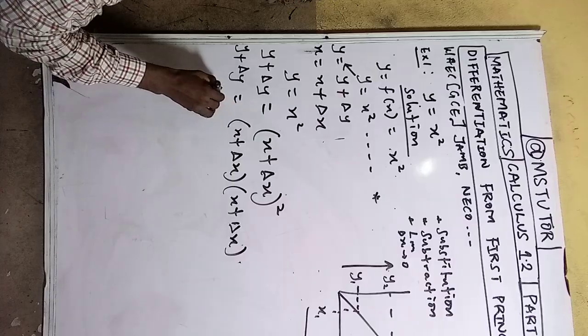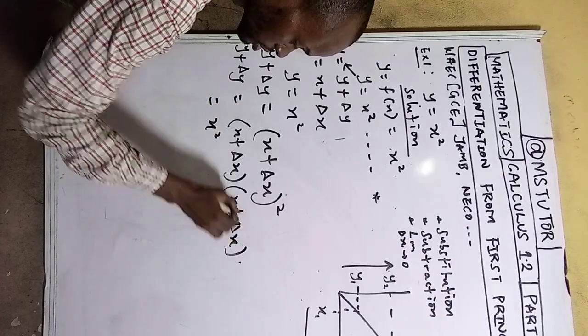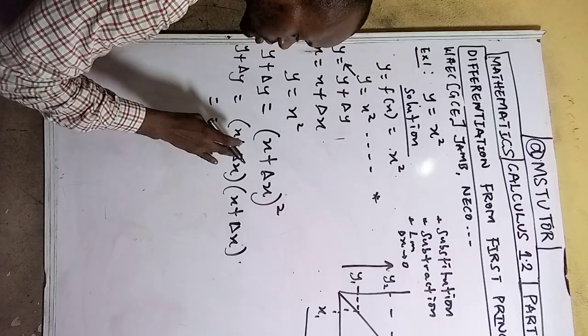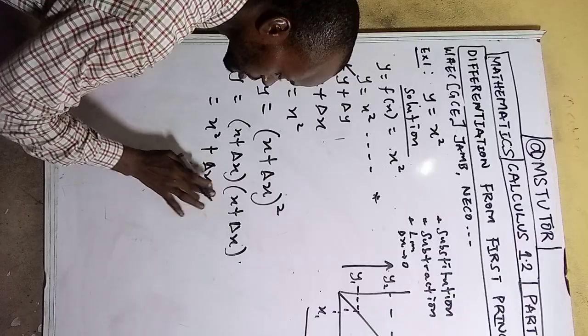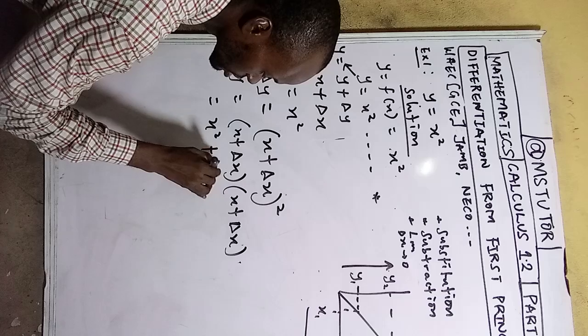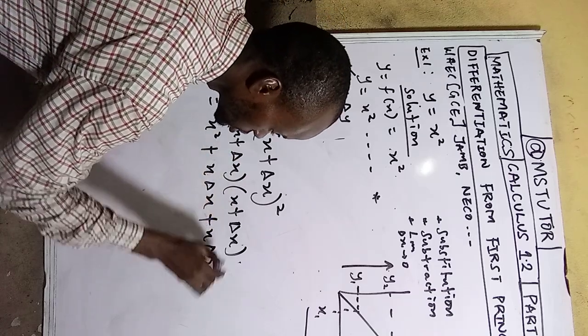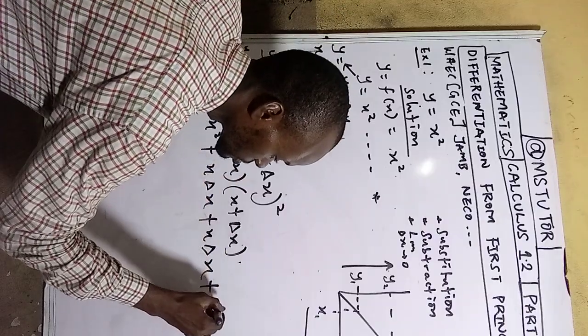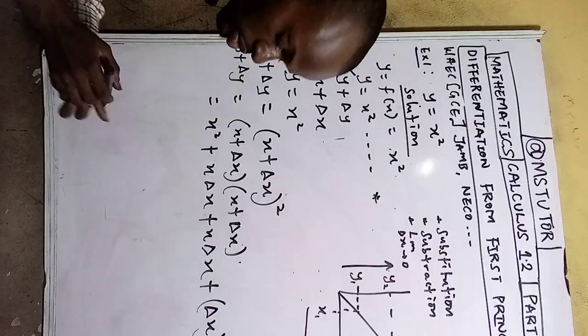On this side here, we get x squared plus x dx. Again, this times this is x squared, and this times this gives us x dx. This times this gives us x dx, and this times this gives us dx squared. So that's what we're going to have there.